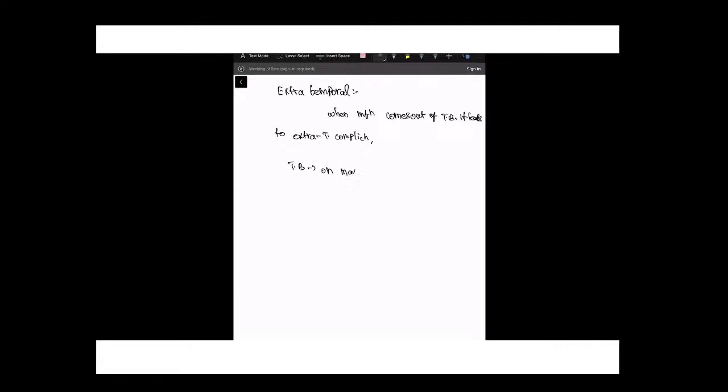On the mastoid process of the temporal bone, we have two muscles attached.